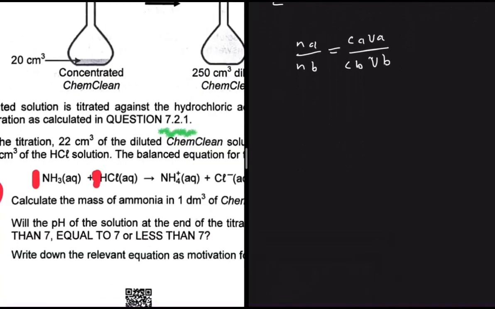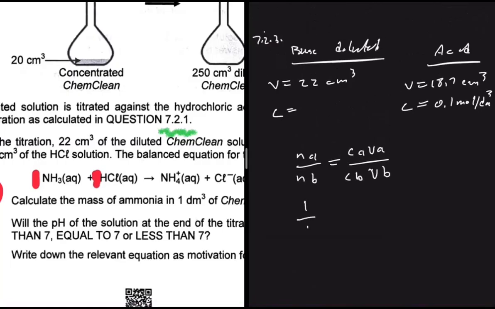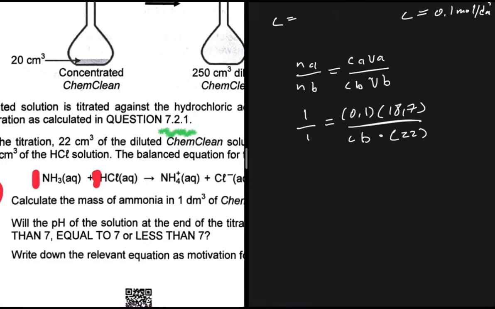So if we substitute that, we're going to get 1 divided by 1 being equals to concentration of acid 0.1, volume of acid 18.7 divided by concentration of the base, concentration of the diluted base. That's what we want. Multiplied by the volume of the base, which is 22. So if we cross multiply here, we're going to get 22 concentration of the base being equals to 0.1 multiplied by 18.7, right?